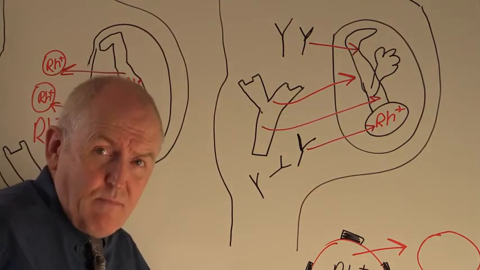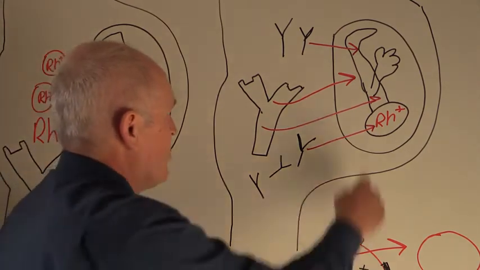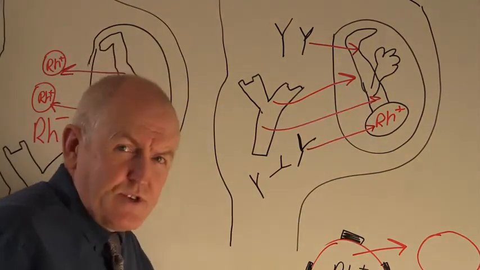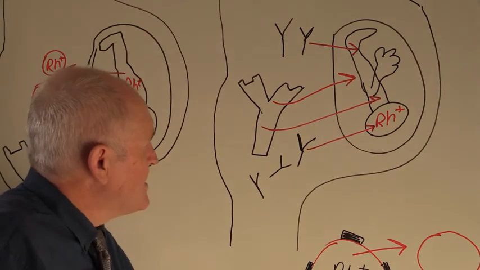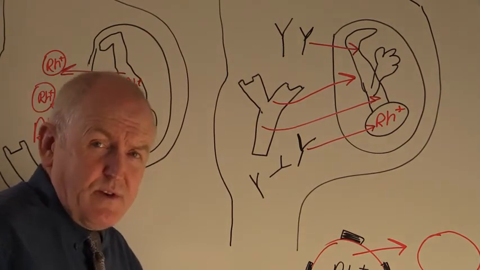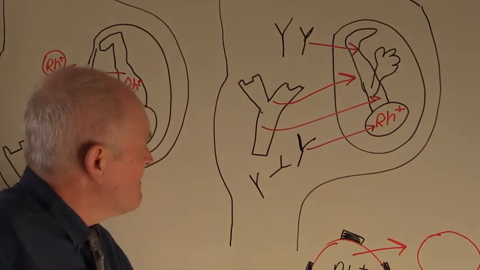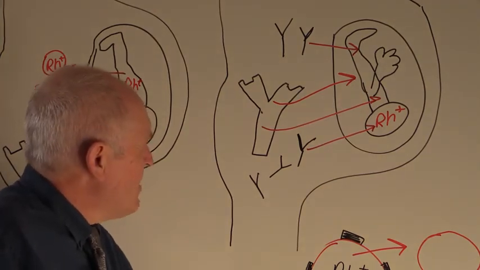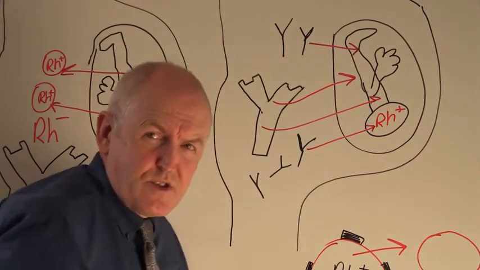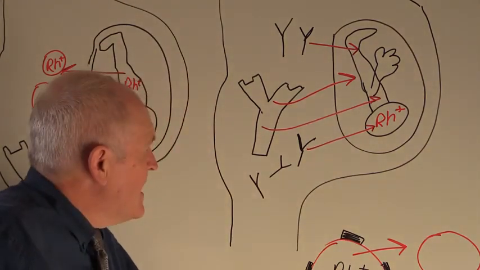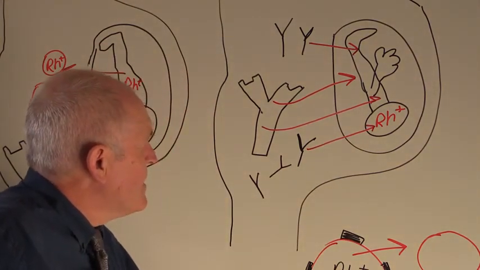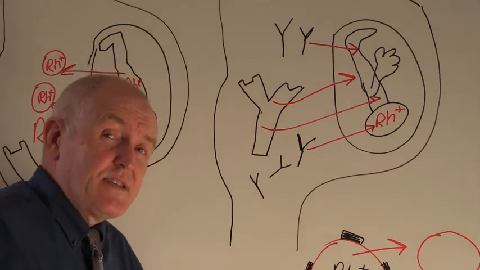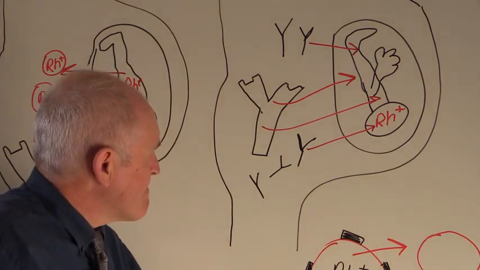Now, if this is recognised in modern units, some units will perform an intrauterine blood transfusion, which of course is a very technical procedure. Other times the baby will receive blood transfusions after birth. But it's rather hard to undo any damage caused by the bilirubin encephalopathy. So what we need to do is prevent this condition from happening.